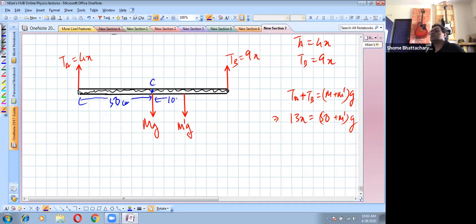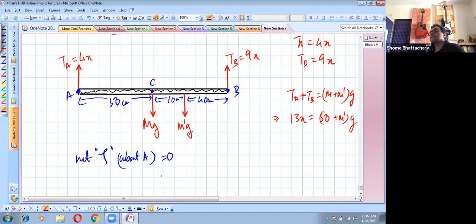And this is 10 centimeters, this is 40 centimeters. So for example, let me do torque balancing about this point. It will be very easy. So net torque about A is equal, suppose I do that.